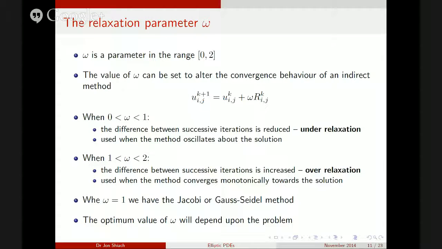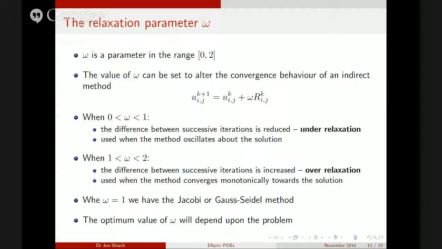This omega is a parameter in the range 0 to 2. It can't be anything outside that. It's any real number between 0 and 2. The value you set omega to can alter the convergence behavior. Remember, there's two types: oscillatory convergence, where it keeps bouncing about the solution, and monotonic convergence, where it goes straight to the solution.